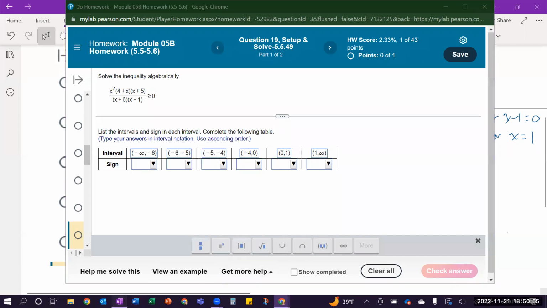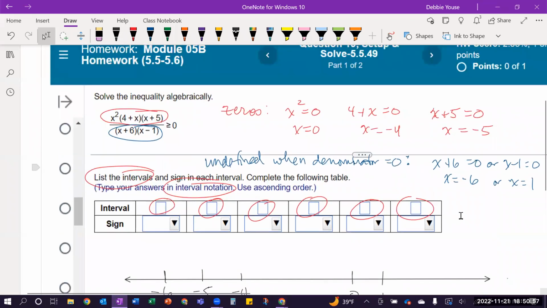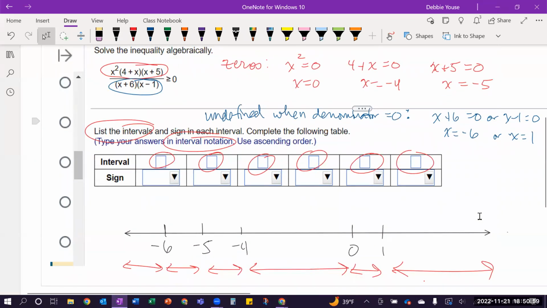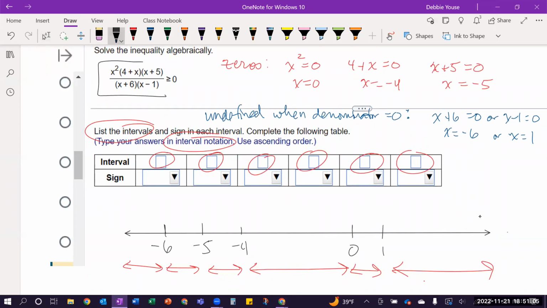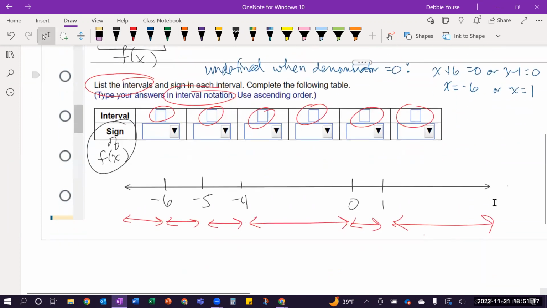So what I do is I now take my function, right? This is my function, f of x, and I want the sign of f of x in each of these intervals. So I pick a test value, okay?